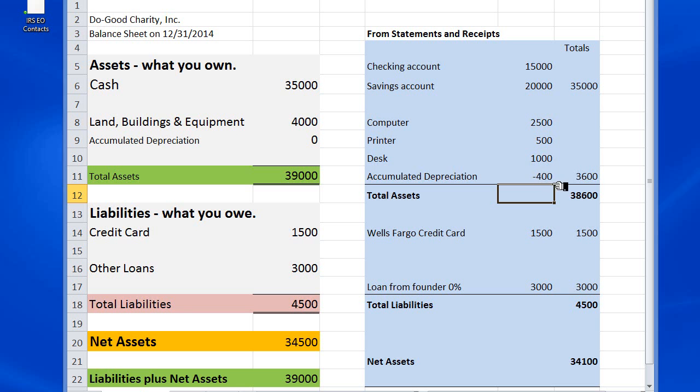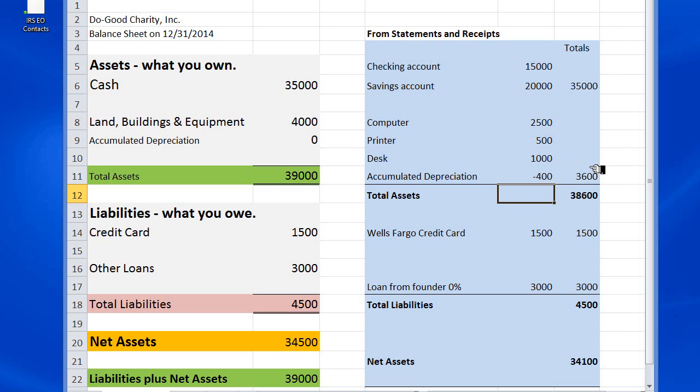So this is how much expense we took, and it reduces the book value that we're carrying the assets on by the amount of depreciation that we took during the year. Each year this number will grow on the balance sheet as we expense more and more.